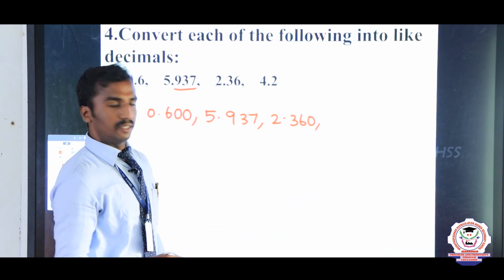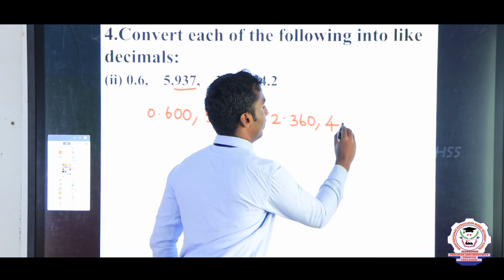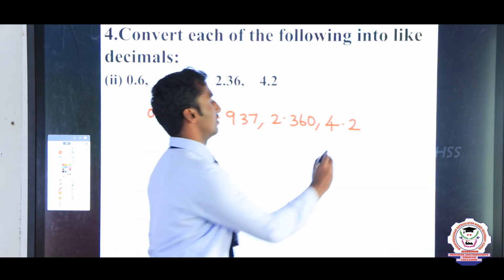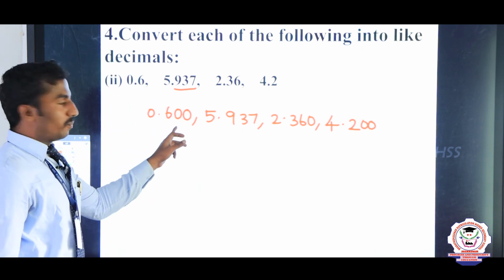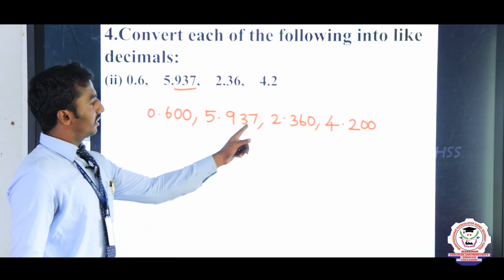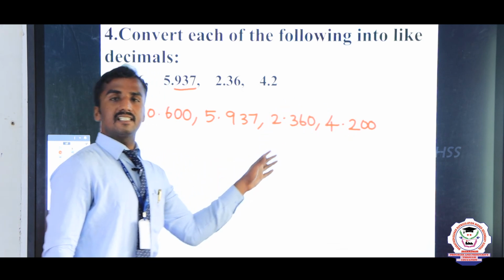Next 4.2, next 2 digits are 0. Now see, after decimal point having 3 digits everywhere. So this is like decimal.